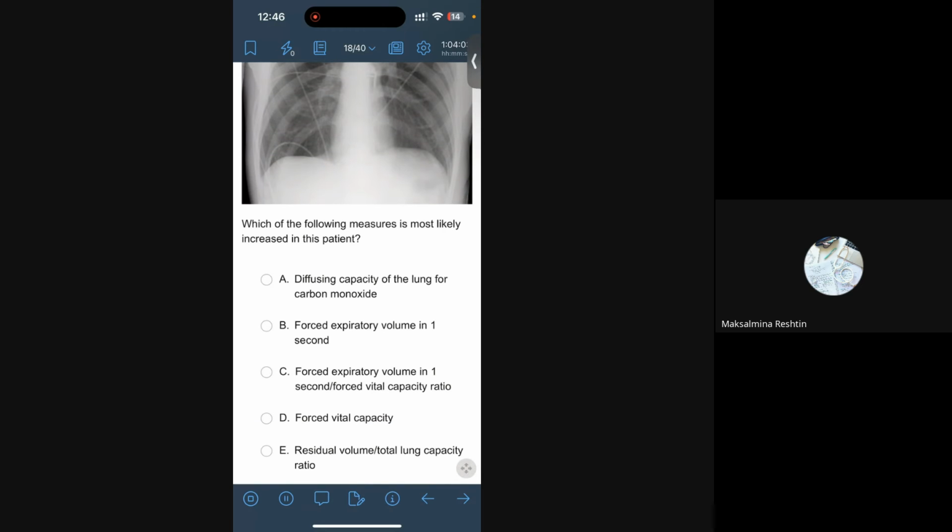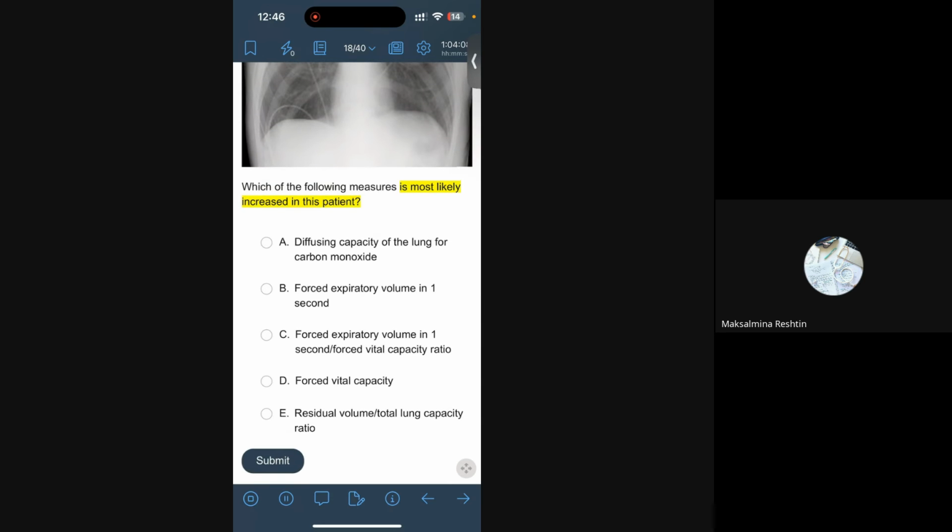Which of the following is most likely to increase in this patient? Is DLCO increased or decreased in COPD? Decreased. Forced expiratory volume in 1 second?